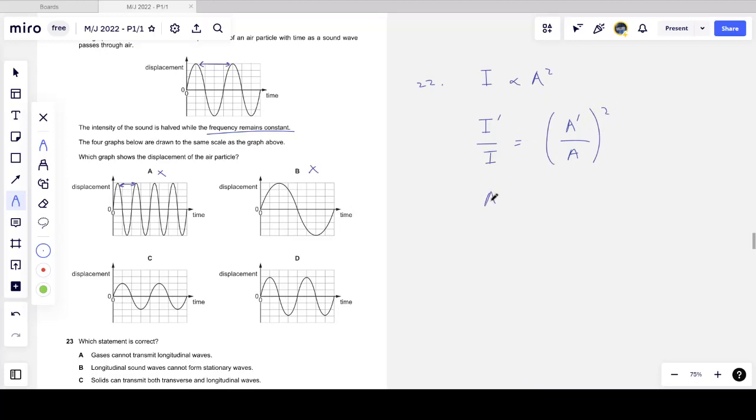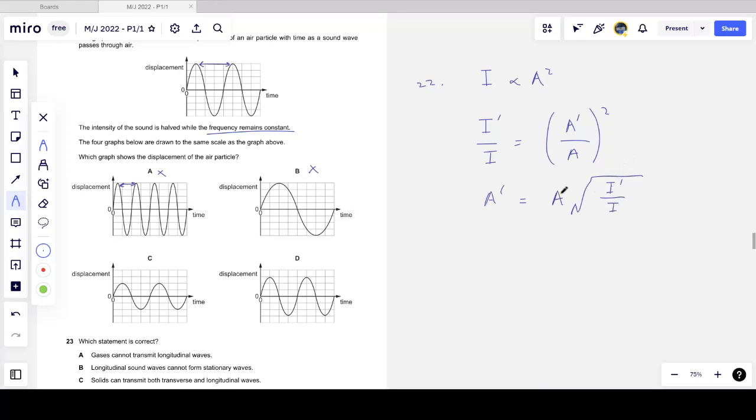And if I do a little bit of mathematics, I get the new amplitude to be the original amplitude times the square root of the new intensity divided by the original intensity.